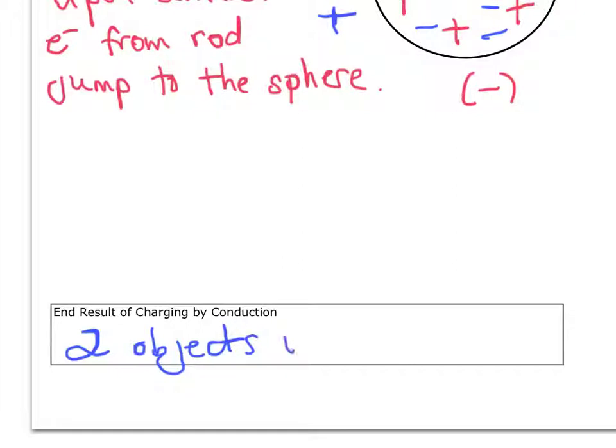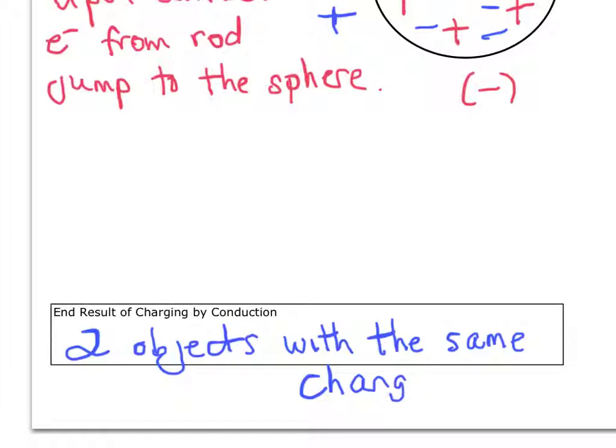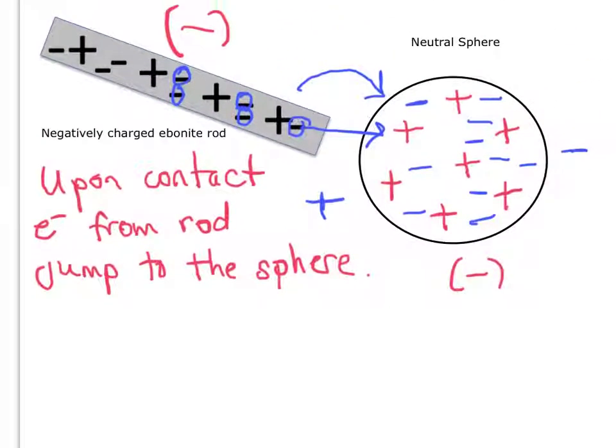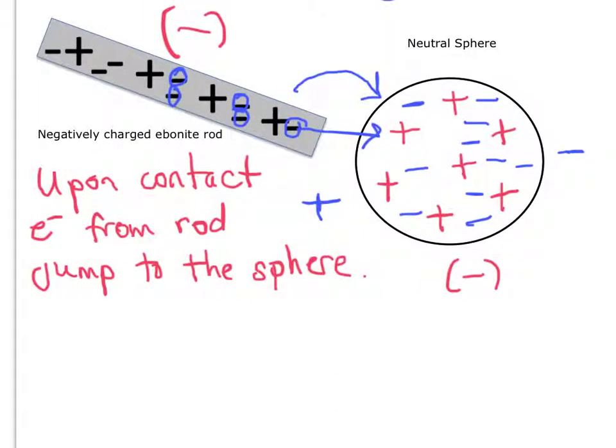And hopefully you will get to try this in class with our little pith balls. When you bring the rod close to a pith ball hanging on a thread, the pith ball will typically jump towards the rod because of the charge separation, since the side facing the rod is all positive.